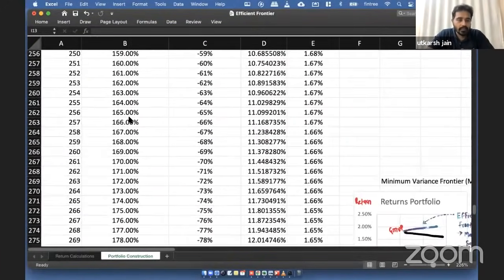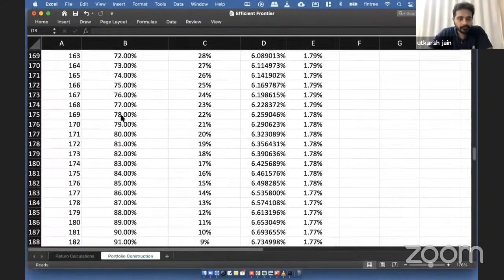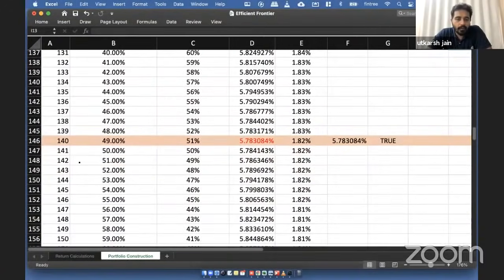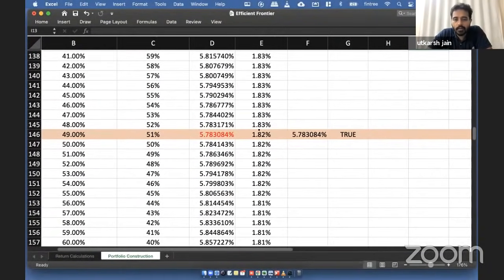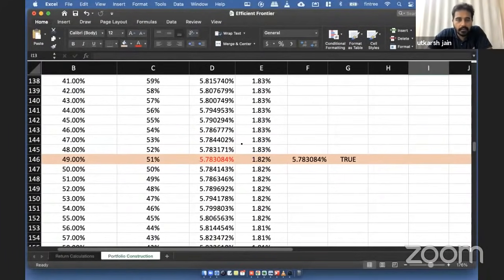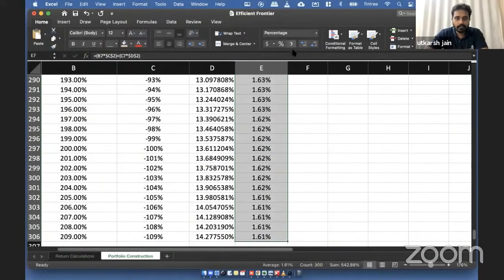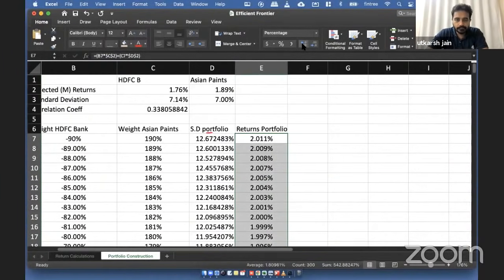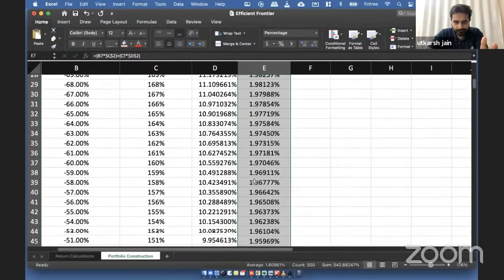So let's go to that portfolio number 140. Okay. And portfolio number 140, how much return you're earning? Let's increase the decimals a little bit. I think we'll need decimals for the entire section. Five decimals should be okay.